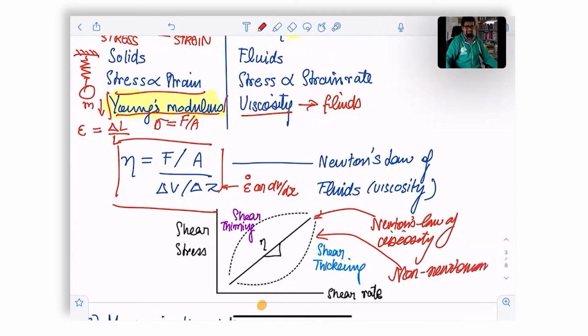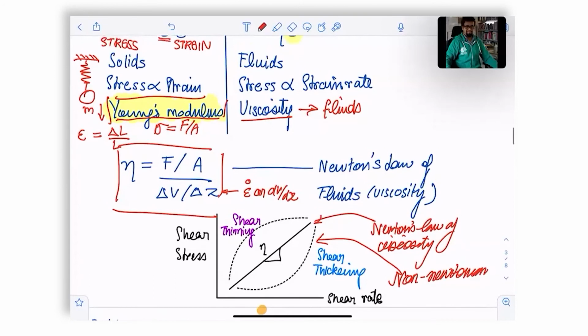So you must have heard this term, non-Newtonian fluids, or maybe you have not heard it and now you're hearing it. But the basic reason for that is simply to say it deviates from the standard law. But just because it doesn't follow the standard law doesn't mean we can't understand it, correct?